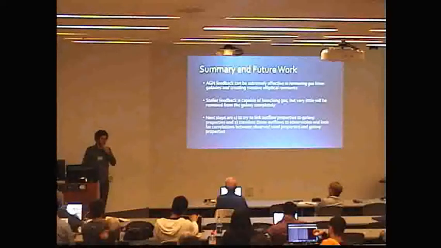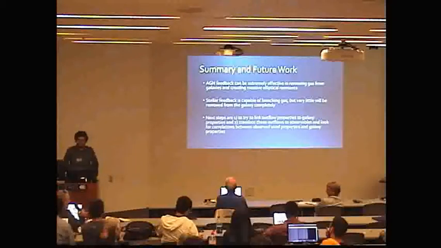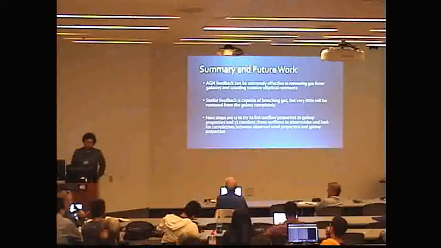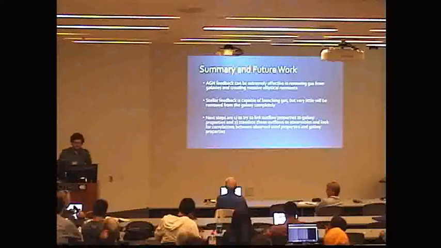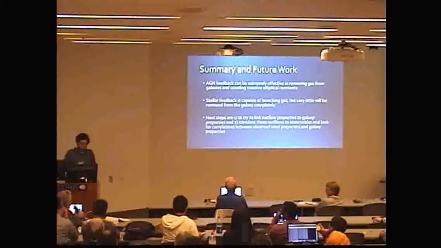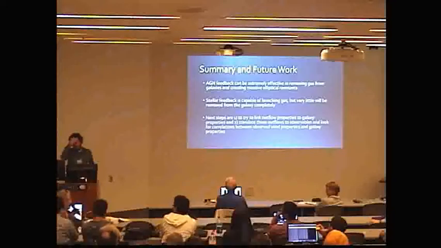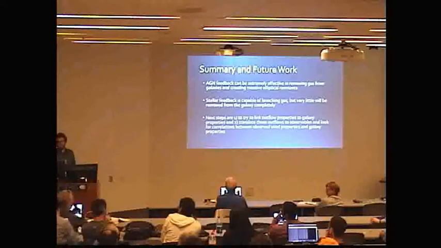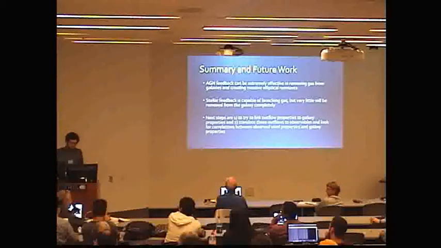I'd like to point out an interesting feature concerning AGN feedback, which is a little problematic. And this is in star-forming galaxies. You don't want AGN feedback to be too effective in star-forming galaxies.